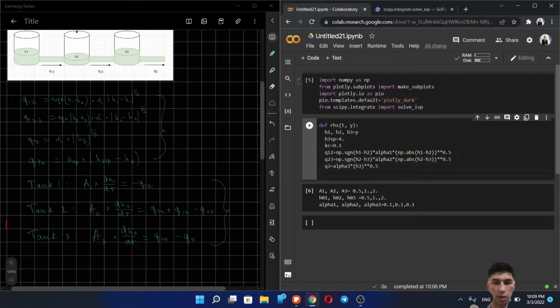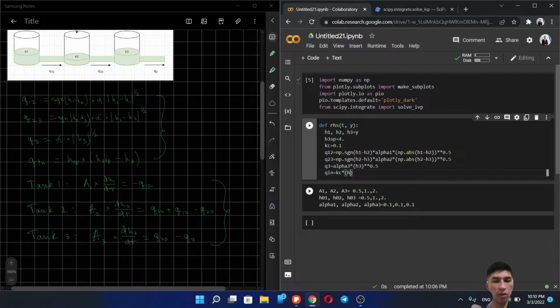And the last equation is the flow in, the flow that is coming inside of tank 2. It's going to be Kc, the proportionality constant, times the difference between our set point and the third height.